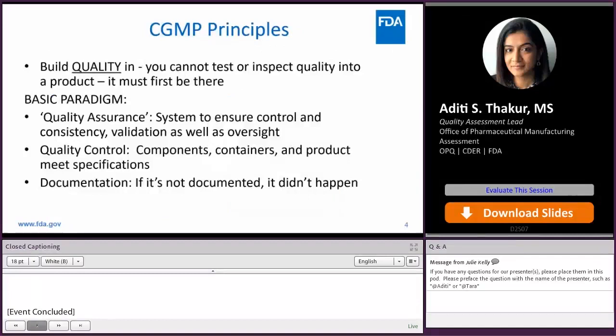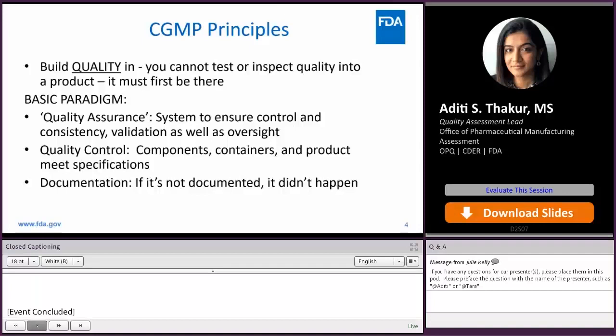CGMPs are the minimum requirement and are in place for each step of the process. They increase the likelihood the product produced is safe and fit for its intended purpose. Any data created as part of a CGMP record must be evaluated by the quality unit as a part of release criteria according to 21 CFR 211 and 212 and should be maintained for CGMP purposes.